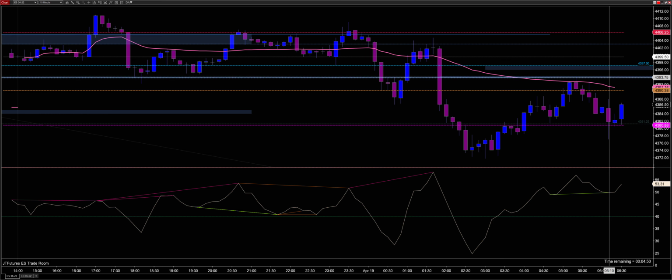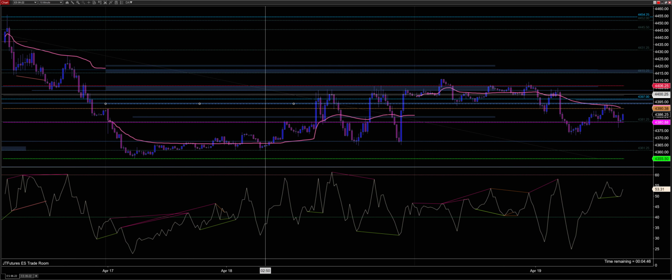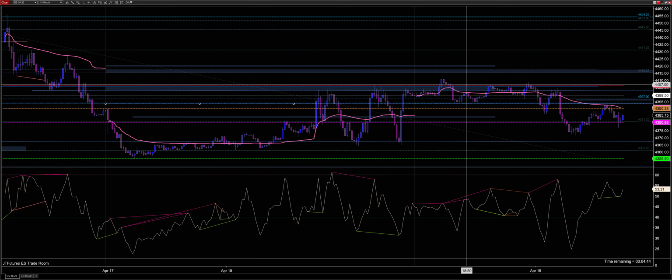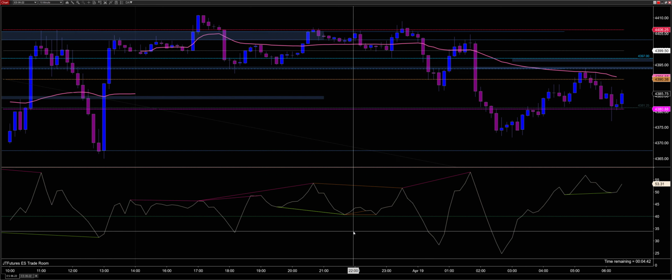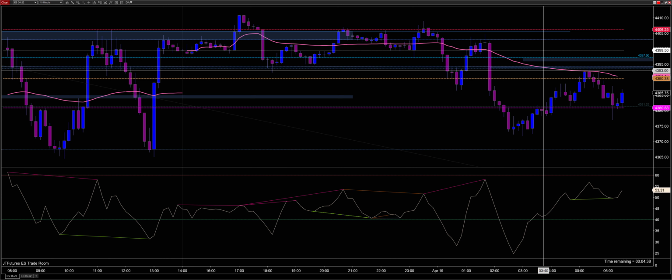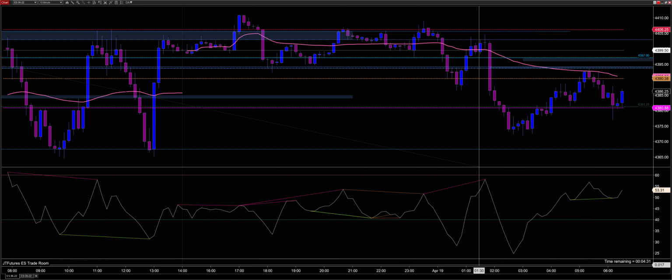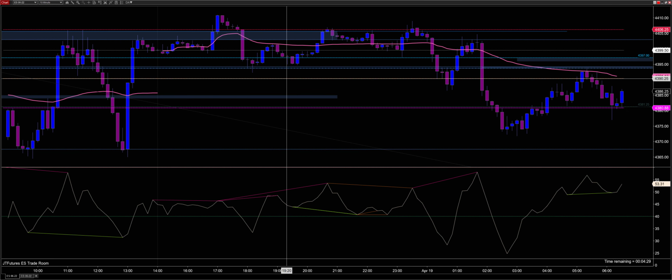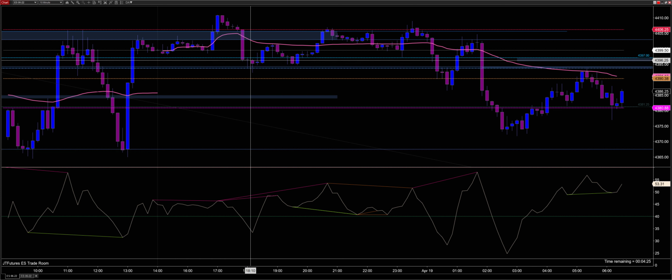Now, do I think that level is relevant just because it was a 38% retracement from yesterday? I don't think so, but just by coincidence, this area right around, say, 92 to 94 here does look to be a pretty highly reactive zone, regardless of where it originally came from. So we did come down in the overnight and hold it once, almost to the tick, and bounce off of it.